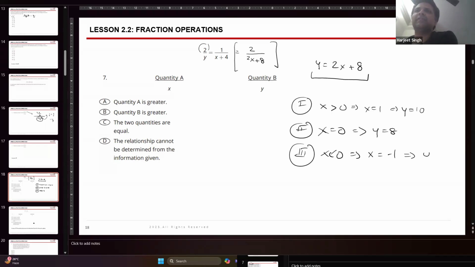What will be y? 6. And if you take a large negative x, like -10, what will be y? Minus 12. So which is higher? X.